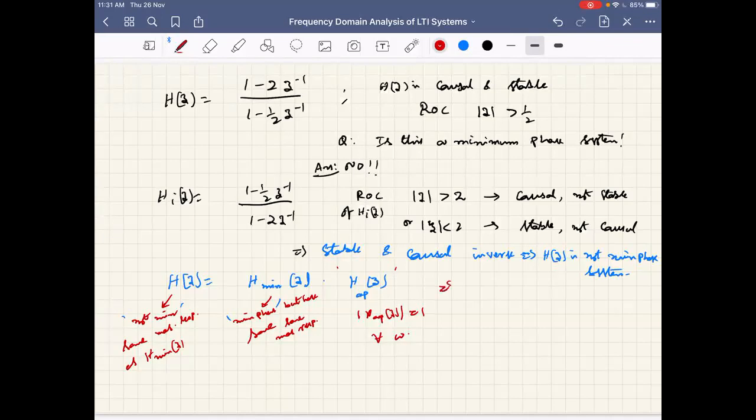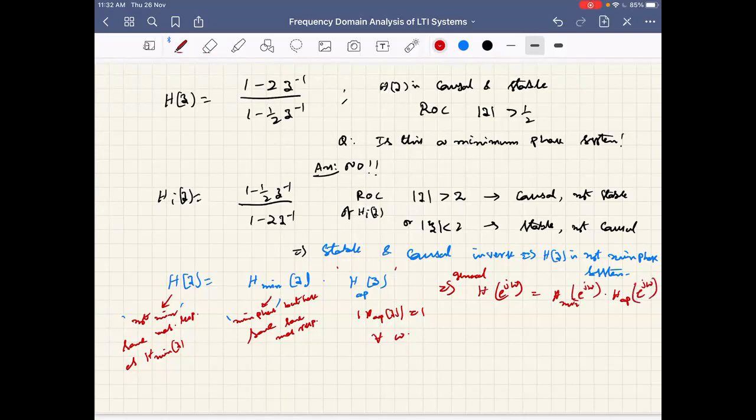So let us now put these things in the frequency domain, DTFT as well. Any general H of e power j omega is equal to H minimum phase into H all pass of e power j omega.